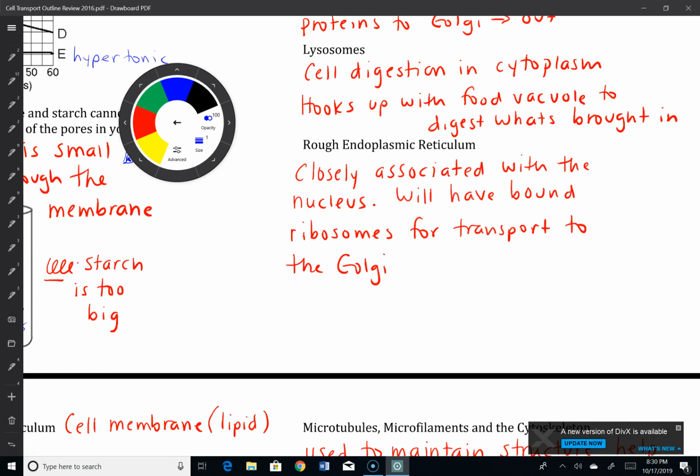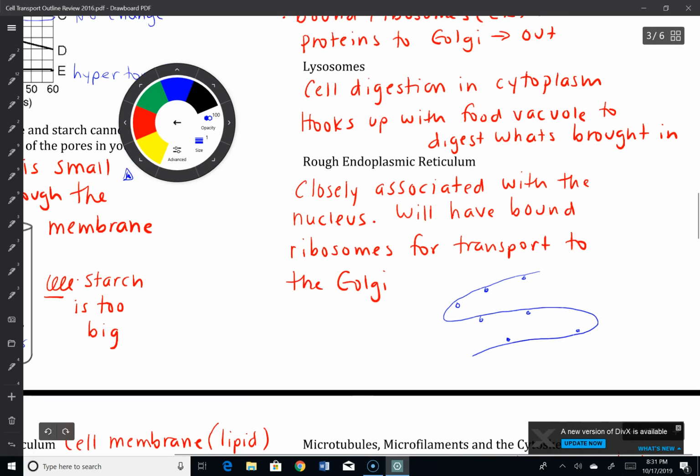That is closely associated with the nucleus, and I'm going to try a really cheesy drawing of it, but you have seen that it looks like a folded membrane, and the rough ER, which is what we're talking about now, is studded with ribosomes. Those ribosomes are going to produce proteins, and again, the rough endoplasmic reticulum is going to produce proteins that are going to be exported or put into the cell membrane. Let's make a little change here.